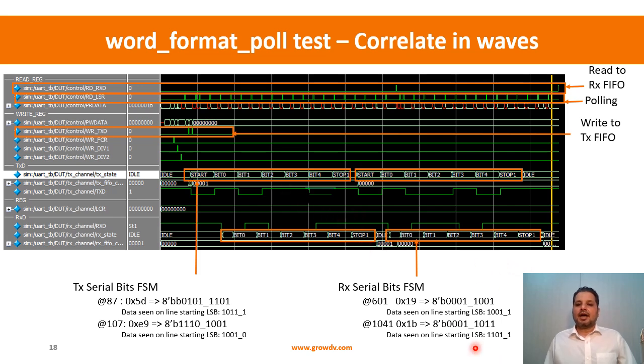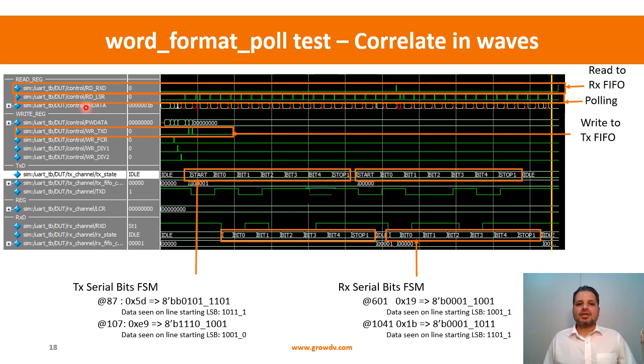Same thing. The second 5-bit character that is coming in is 1 1 0 1 1, right? So if we look at it over here, after the start bit it will be 1 1 0, then 1 1, and then the stop bit will be 1. Once this entire character has been received, after the stop 1, when the line goes back to idle, is when your UART receive logic will write it into the FIFO.